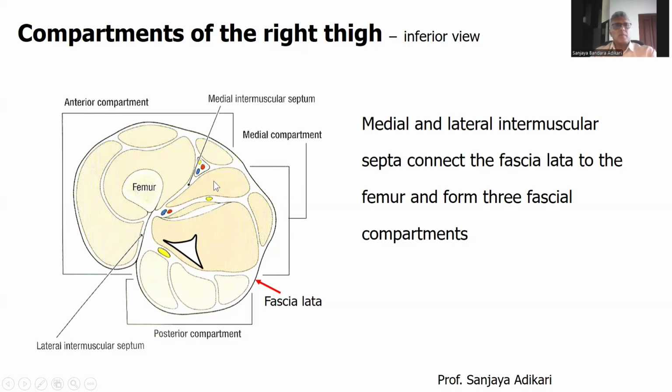Then you have the medial compartment largely containing the adductor muscles: adductor longus, brevis, adductor magnus, and gracilis. Then the posterior compartment. You have the posterior half of adductor magnus. Then you have the three main hamstring muscles from lateral to medial: the biceps femoris, long head actually here, semitendinosus and semimembranosus.